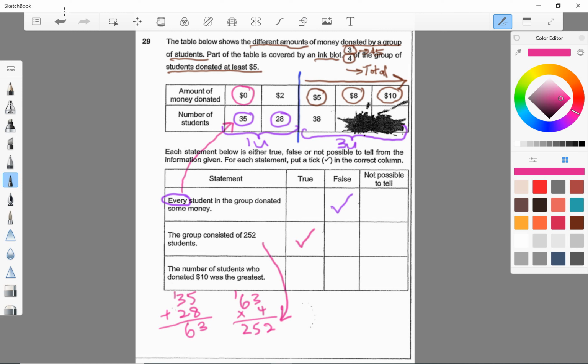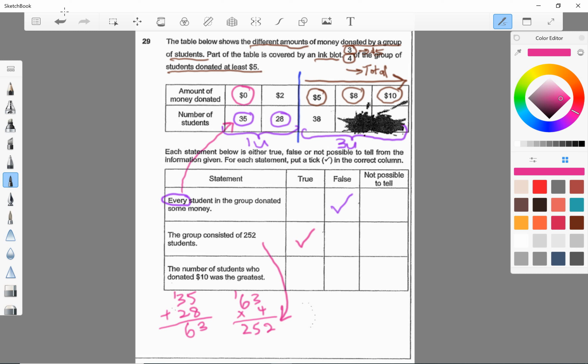Now, statement number 3. The number of students who donated $10 was the greatest. So how should we solve a question like that? It's mentioned that for the $5, there were 38 students. And if I want to find out those who donated at least $5, given that there are 3/4 of them, how many students belong to that category?